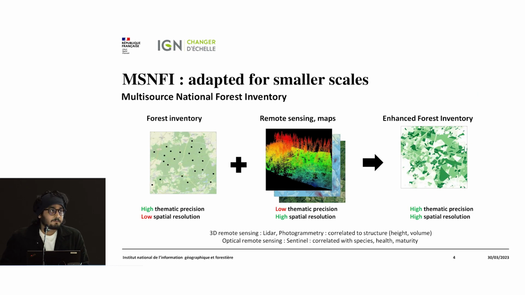So the researchers came up with a solution called Multisource National Forest Inventory, which basically improves the precision of NFI at such smaller scales.